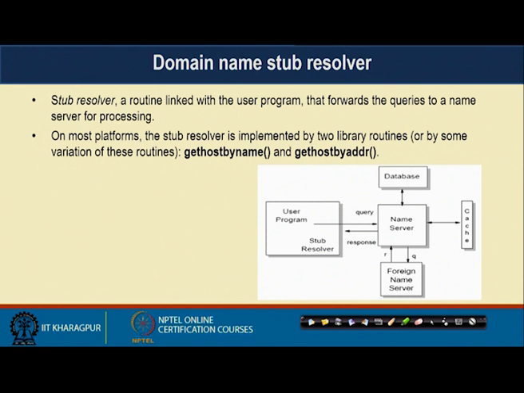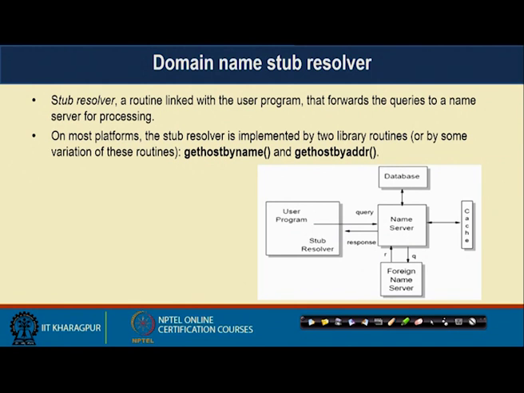There is another resolver which is pretty popular, that is the stub resolver. The stub resolver has a routine linked with the user program that forwards queries to a name server for processing. So, it is a routine attached with that process itself.